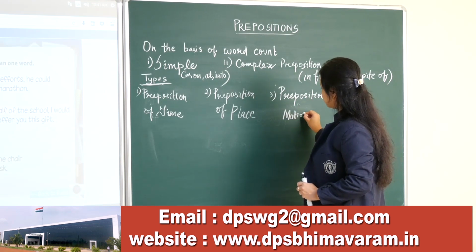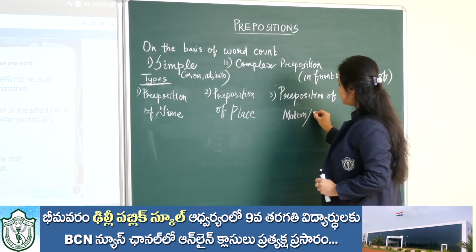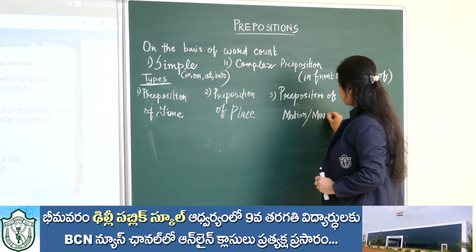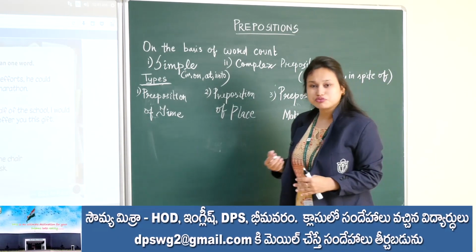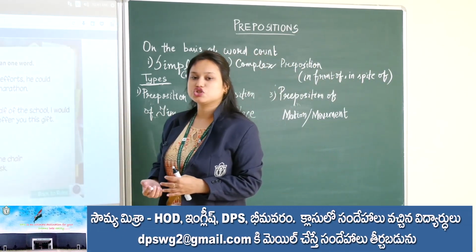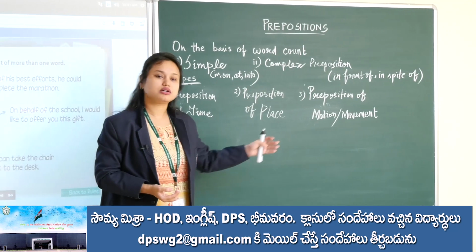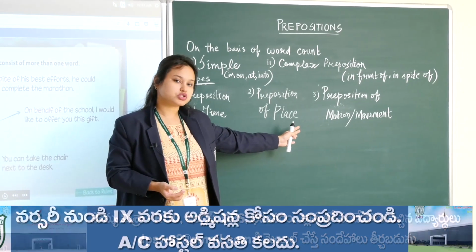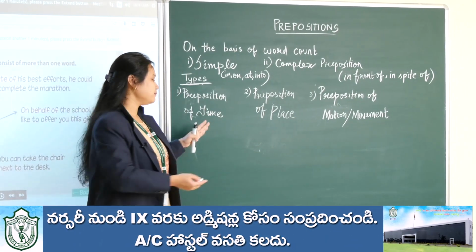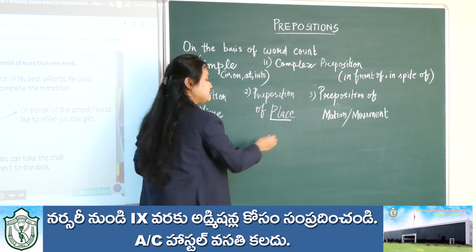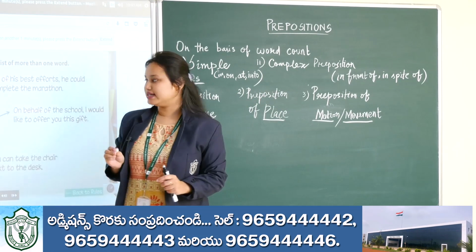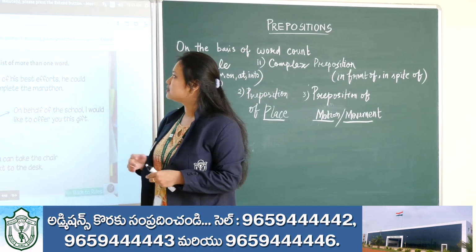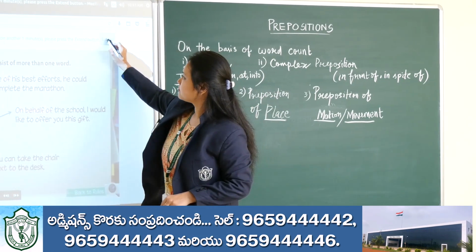Motion we can also call movement, which shows some sort of movement. So three types: time, place and motion or movement. I hope this is clear. Let's watch some videos and we will find out.